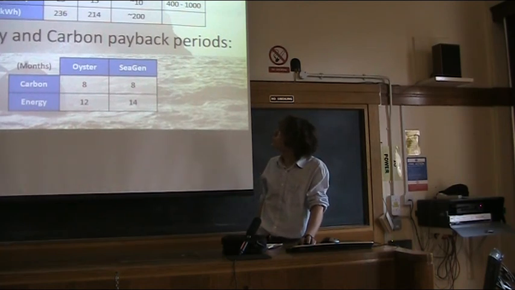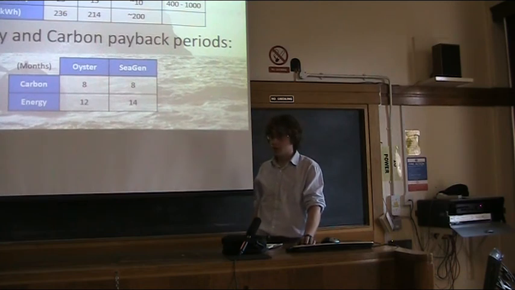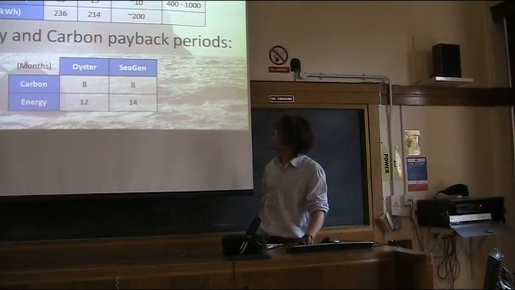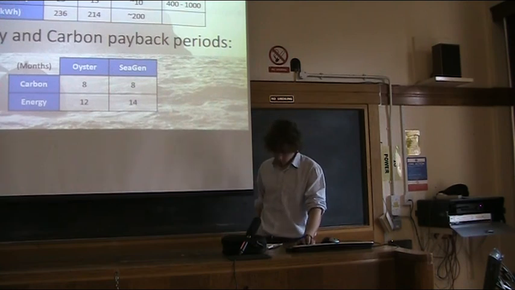Those wind turbine figures are from papers issued by Vestas on large wind turbine installations. As that's fairly large installations of fairly well-developed technology, I think those figures are quite good, quite favourable for the wave and tidal device there, considering this stage of development. And also the energy and carbon payback periods, very close for the wave and tidal devices.